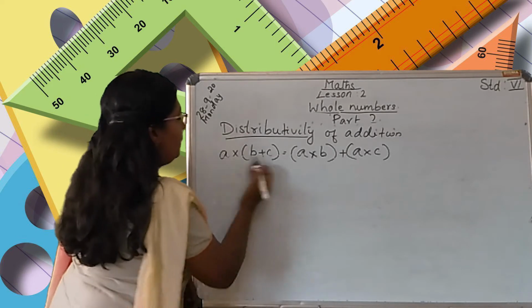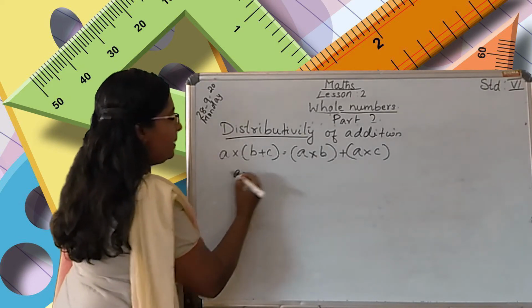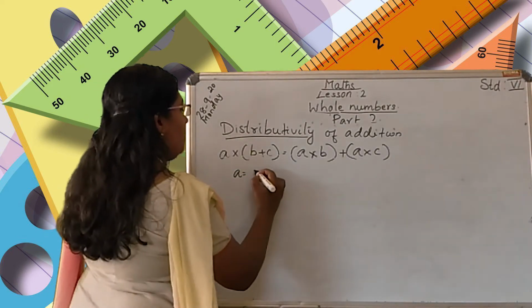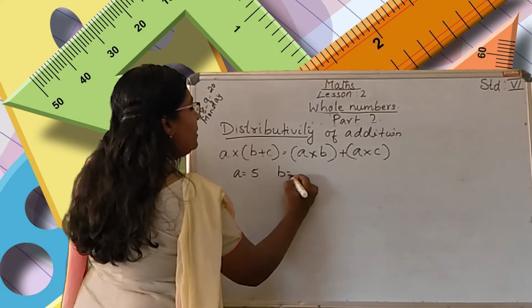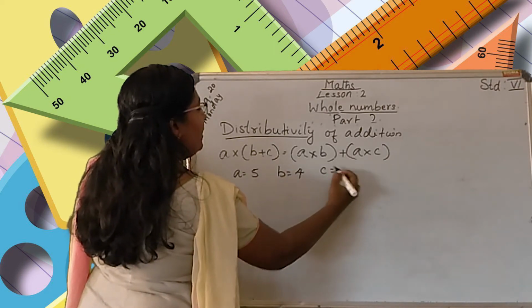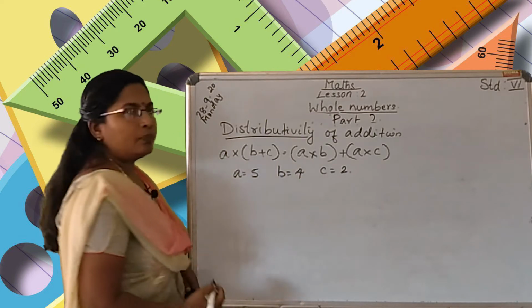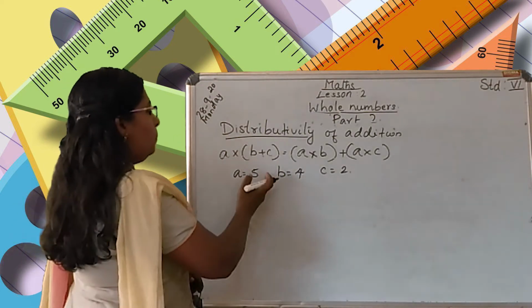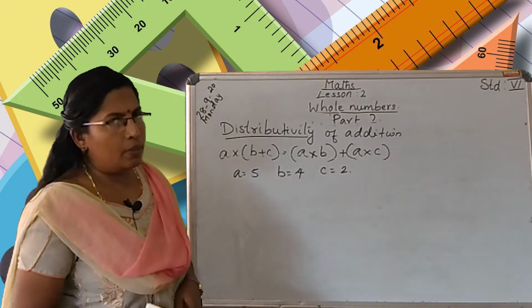That is, take any three numbers. A is 5, B is 4 and C is 2. These three numbers are whole numbers.